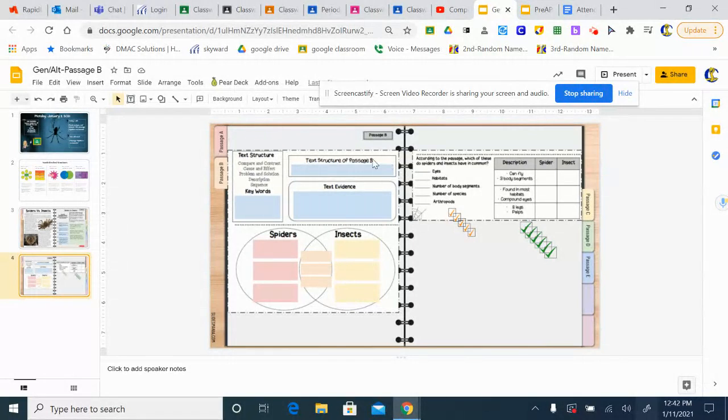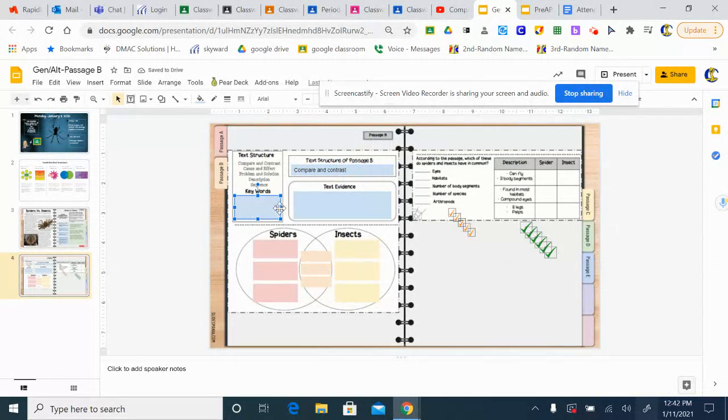What type of text structure do you think is passage B of spiders versus insects? You might have guessed it is the first one, compare and contrast, because they are comparing the spiders versus the insects. So here in the text structure, you're going to type in compare and contrast.